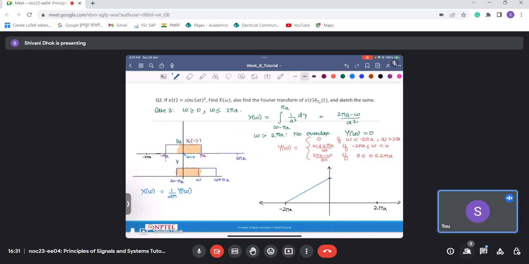So we have it something like this, and here the value is 1 by a. And this what we have sketched is simply x of omega. I hope this part is clear for this question.